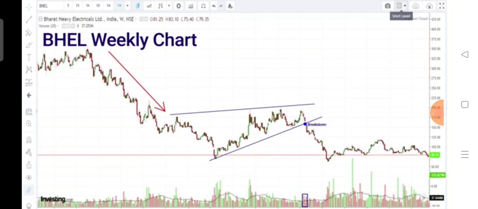So the volume is drying down, and then suddenly we see a breakdown. Then there is a very good shorting opportunity, and our stop loss should have been somewhere here, and we could see the kind of down move that unfolded after the breakdown of the wedge.